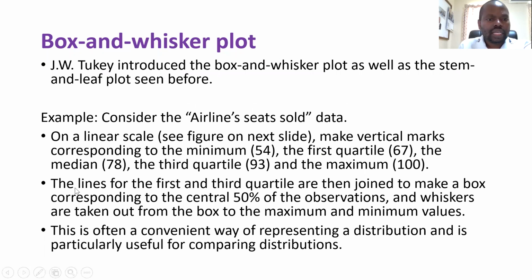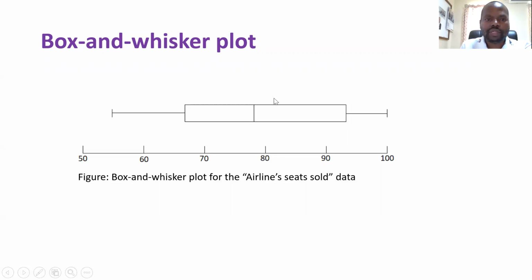Then the lines for the first and third quarter are joined to make a box corresponding to the central 50% of the observations. So the first and third quarter, now we make this rectangular box. These represent 50% of the data, because we know 25% of the data points lie below the first quarter.